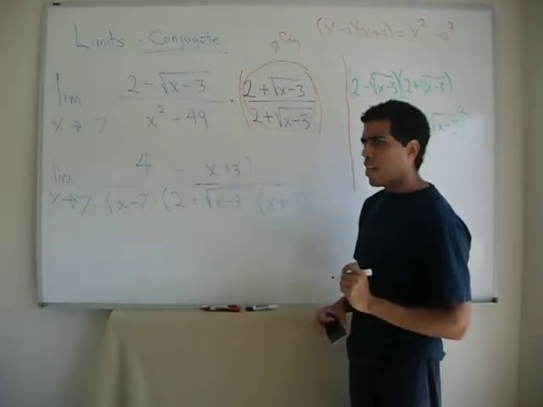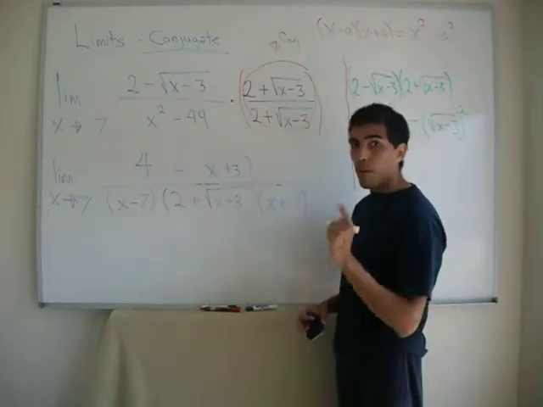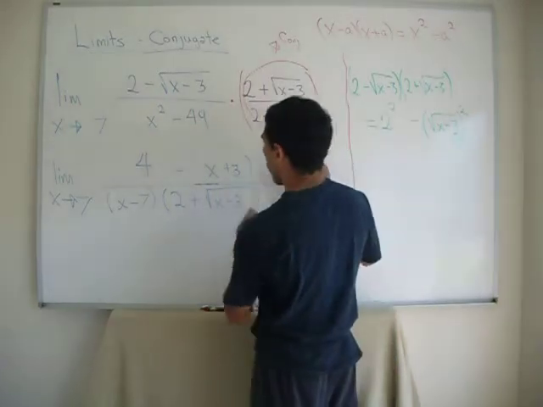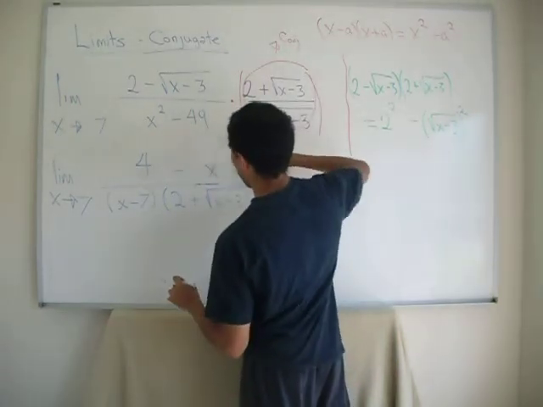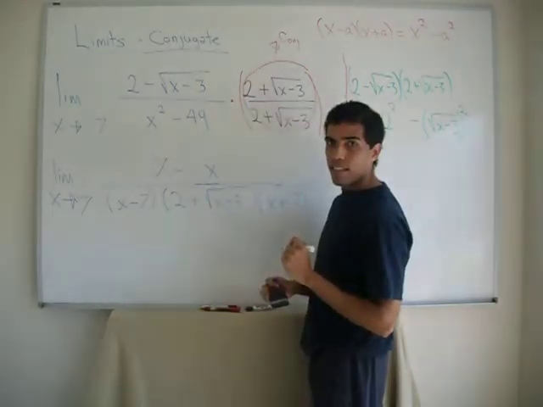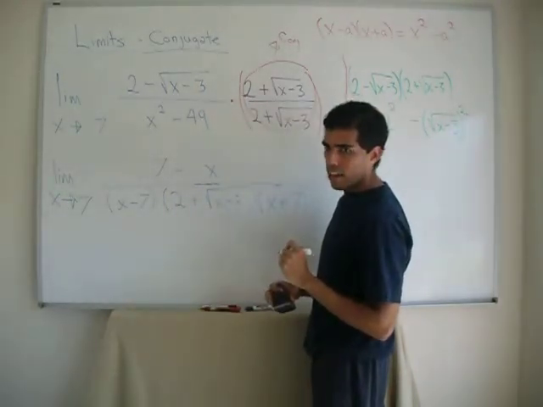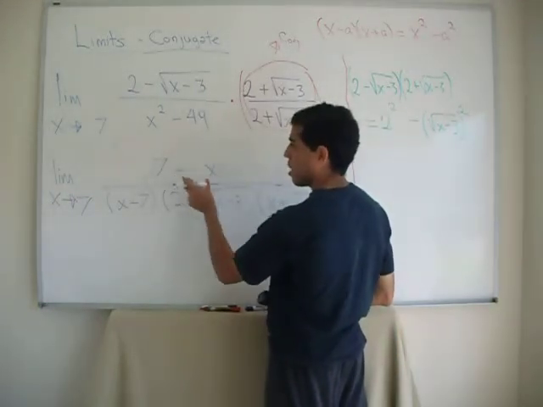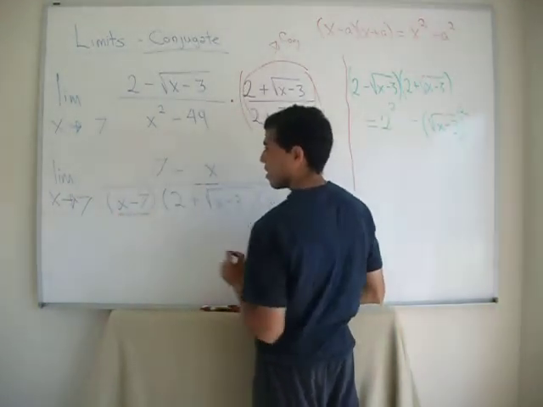See? Is that helping at all? Yes, of course. We have one more thing to do. 4 plus 3 is 7. So we can rewrite this as 7 minus x. Almost getting there. We can rewrite this to look something a little bit like this.